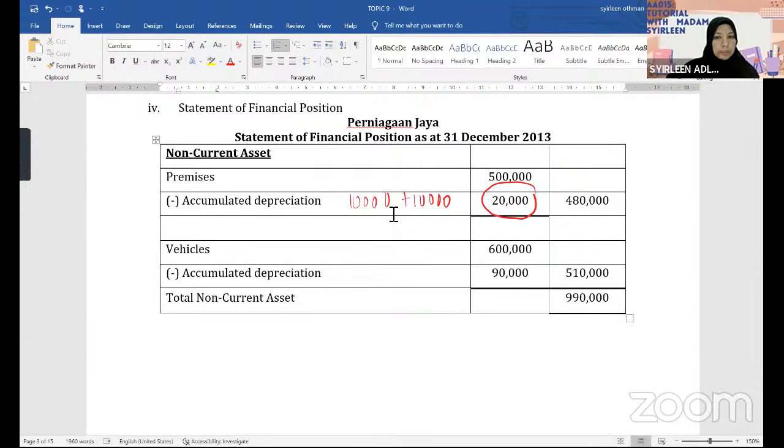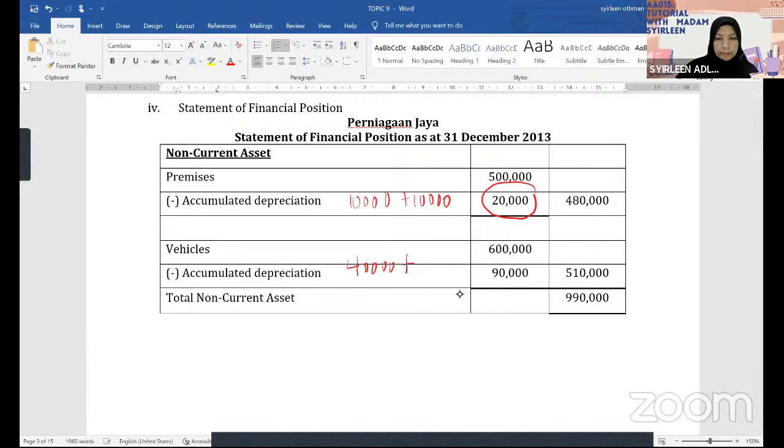Okay, untuk vehicles pun sama. Previously you have 40,000. So that was the amount given, sebab I am using number 2, right? So lepas tu kita akan tambah dengan 50,000 ringgit. That is the depreciation expense for the year 2013.